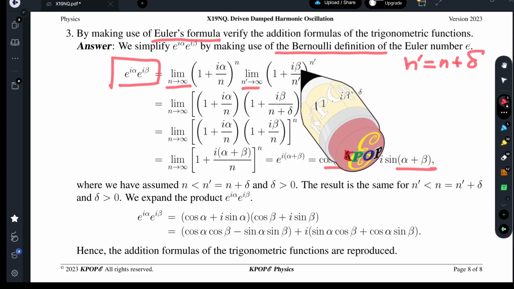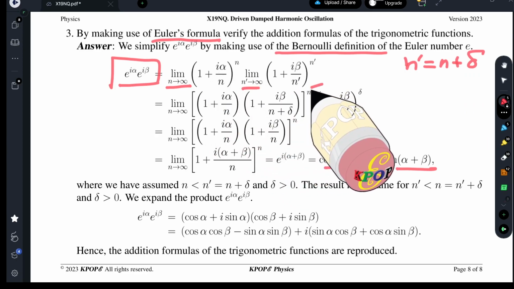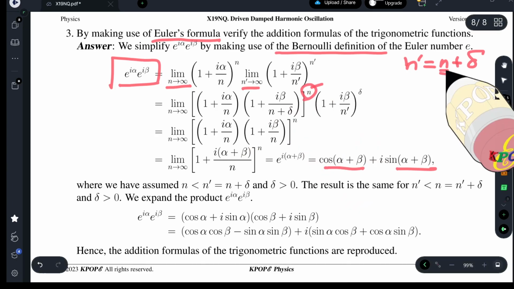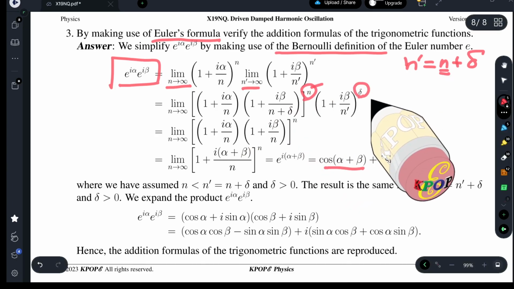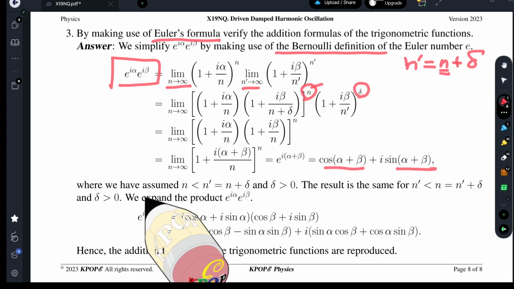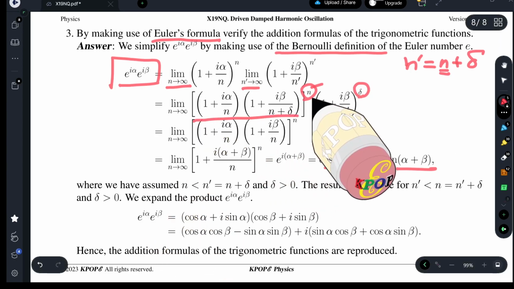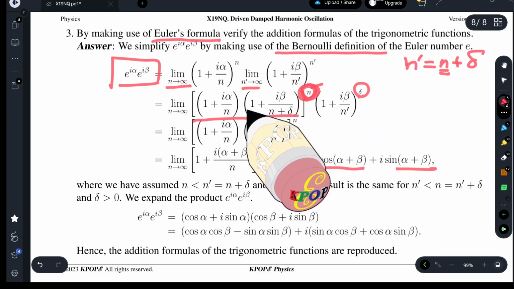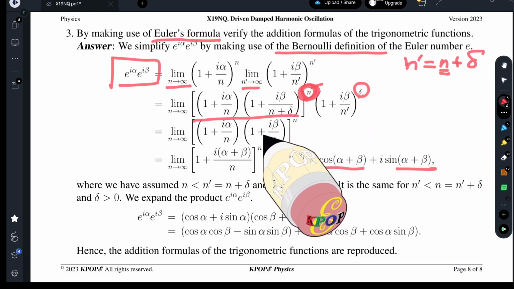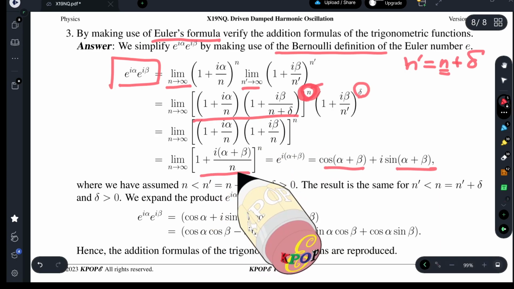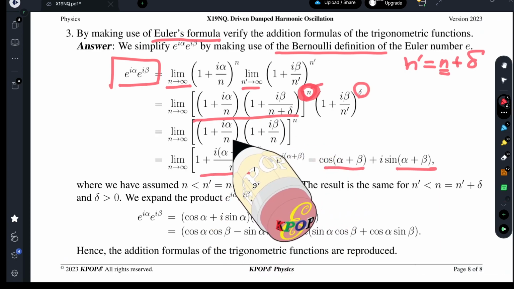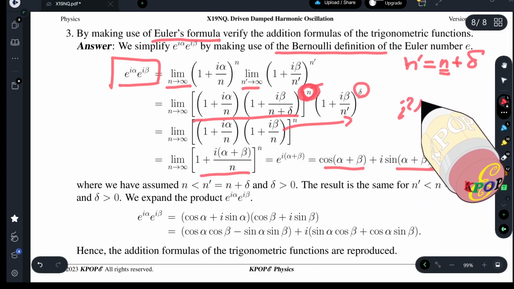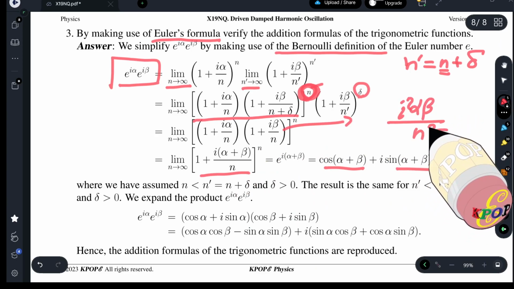All right, then we can combine these two as long as the two powers are the same. And we have a remaining piece that doesn't match. Because they are in a simple power, I can expand the product. The expansion will give i squared alpha beta over n squared.